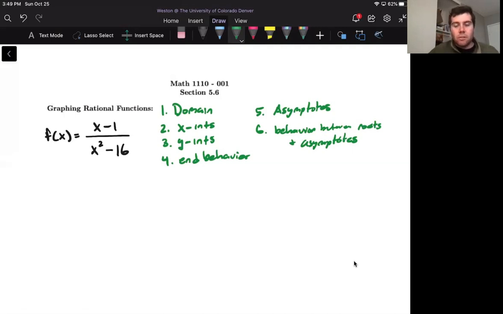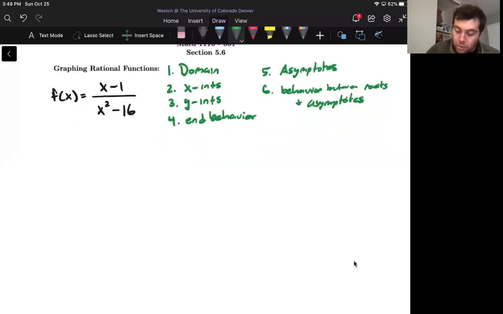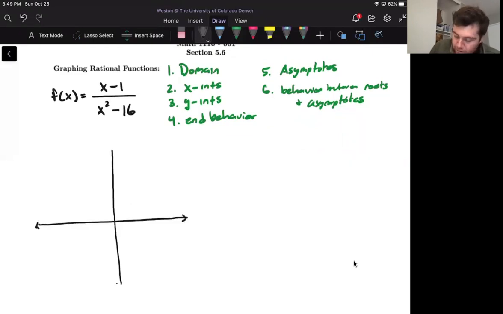For graphing rational functions, I usually find it best to just start with drawing a plot and then trying to knock off each of these one by one. I think that plot's actually a bit too small. Currently these are ordered so that you don't need something in the future before you do something in the past.